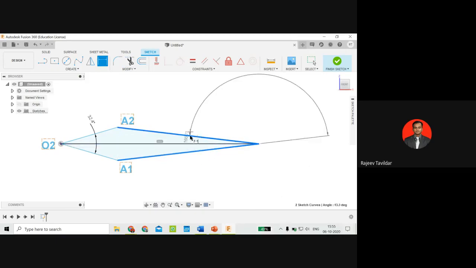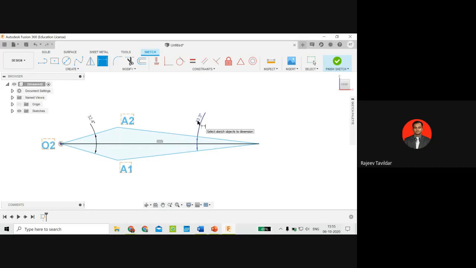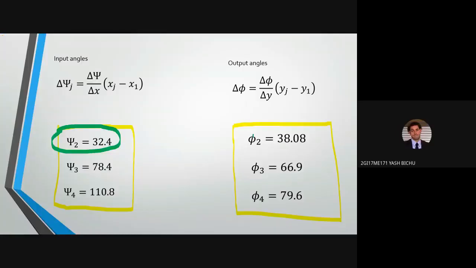Can anyone tell me what should be this angle? Forget what I've got here. Can anyone tell me what should be this angle here, if at all this is O4? 38, yeah, 38. Yeah, exactly. We are looking for this angle now, 38. Okay, phi 2 is the output angle with respect to 1 and 2.